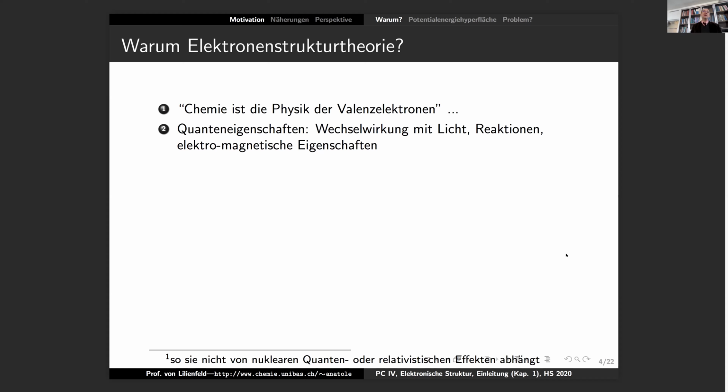Then we have chemical reactions, and when we have electromagnetic properties, right? For instance, if you go to your doctor and you get an MRI, that's a magnetic interaction with molecules in your body. This is an electromagnetic interaction, really.